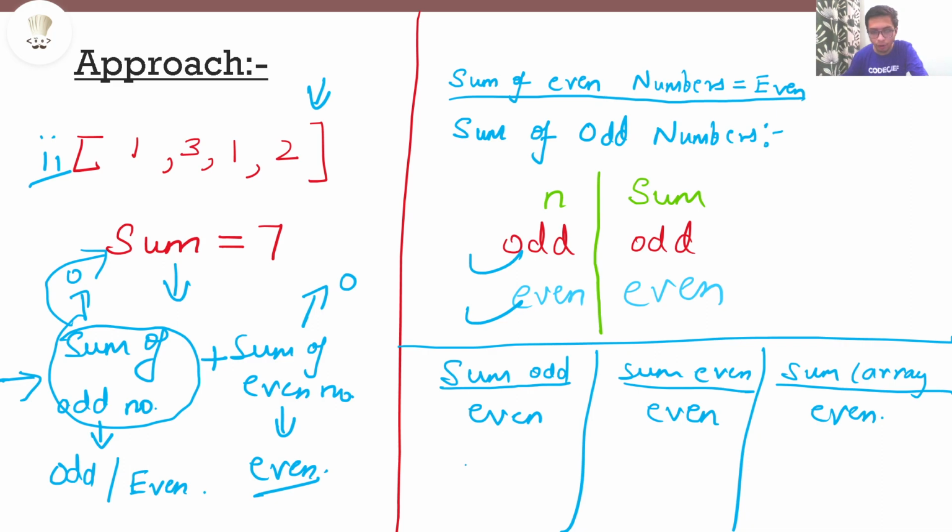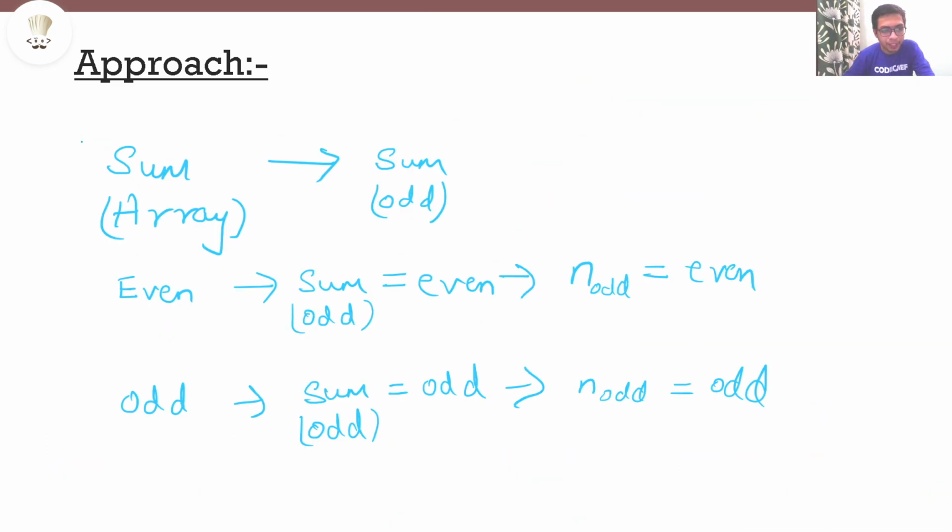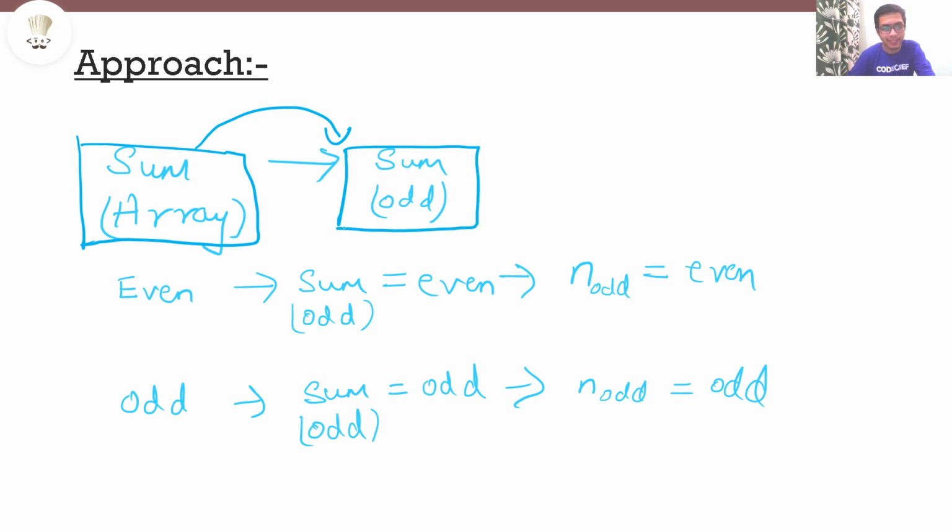And if the sum of odd numbers present in the array is odd and the sum of even is always even, then the sum of elements present in the array is also odd, because odd plus even is odd, right? So it means that the sum of the array is directly dependent upon the sum of odd numbers present in the array.